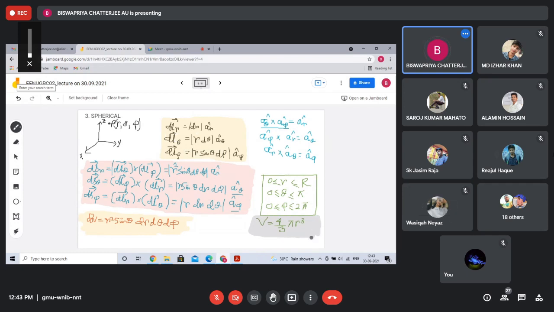All those problems you have done in your 9th-10th standard, cylinder, sphere, cone, you have got the formulas: pi r square, 1/3 pi r square, 4/3 pi r cube, length into breadth into height, circle pi r square. All those formulas can be derived from today's discussion.